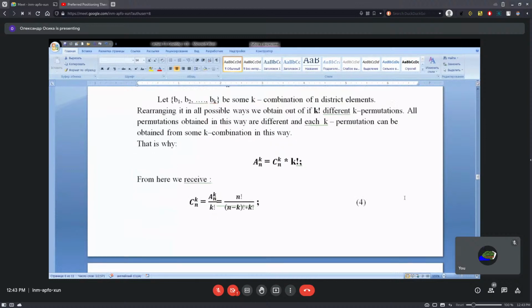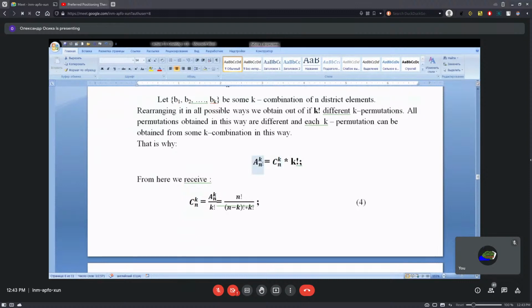That is why, if we talk about the number of K permutations that we already know, it is equal to the number of such unordered K subsets and how many ordered K sequences we can make of such a subset, multiplied by K factorial.